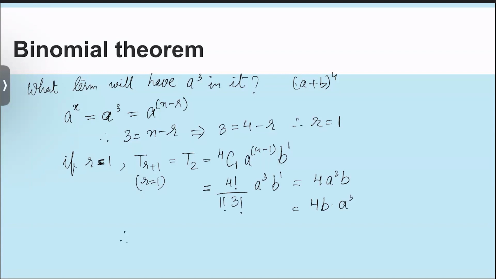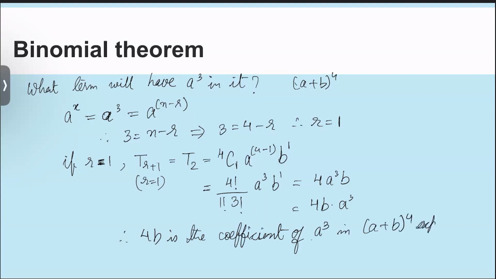So the coefficient of a cubed would be 4b. Therefore 4b is the coefficient of the term of a cubed in the (a plus b) whole raised to 4 expansion.